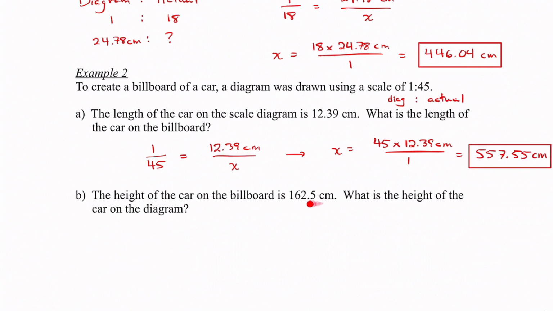So now if I already have the large one and I want to get to the small one, I'm going to divide by 45. So this is actually a lot quicker if you just kind of know whether you have to divide or multiply. So it's going to be 162.5 centimeters, and we're going to divide by 45, and then that is going to give us 3.61, and then our units are centimeters.